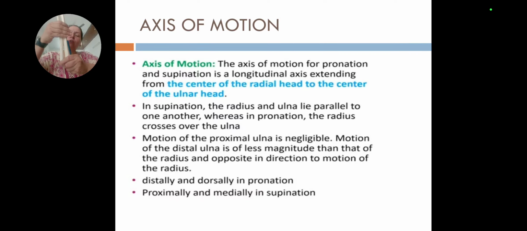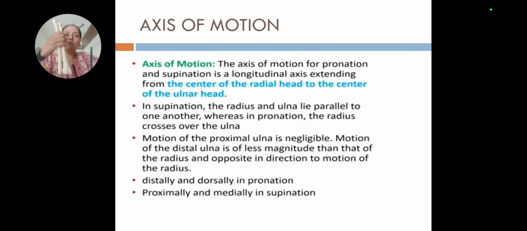Now the axis of motion. This is all the anatomy, articular surface and everything. Now let us see the main part which we are studying, the kinematics. Whenever we start with kinematics, we have to tell the axis of motion.